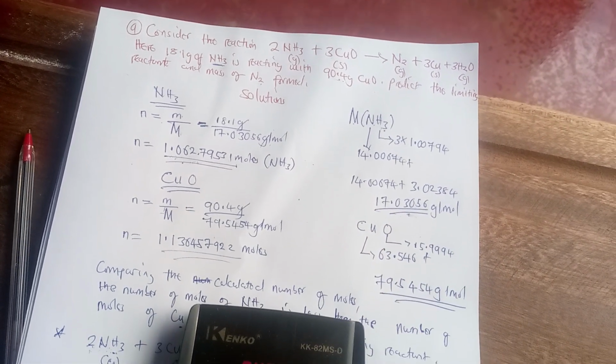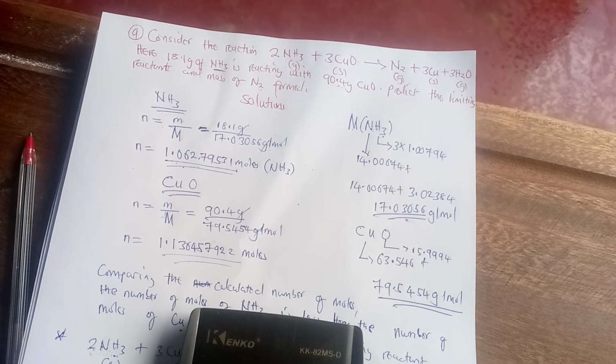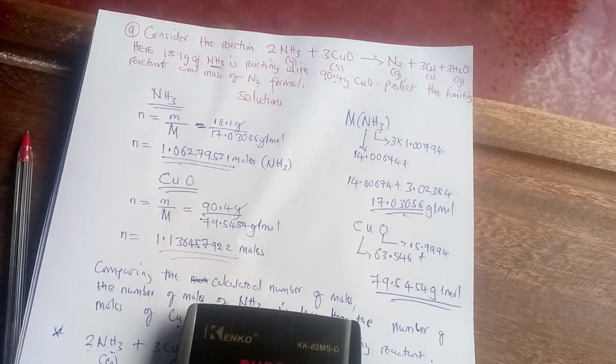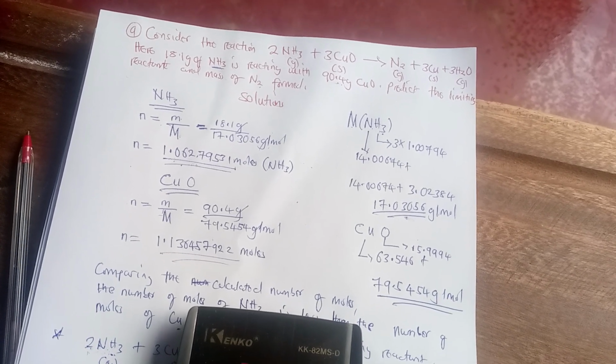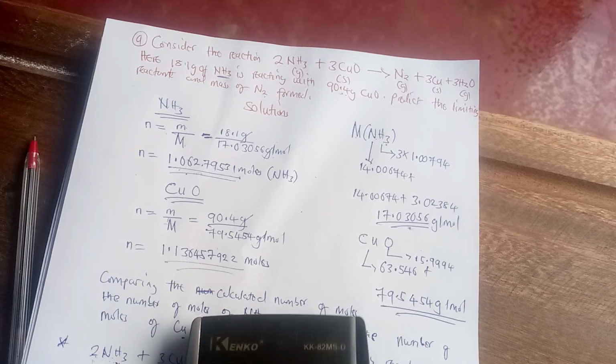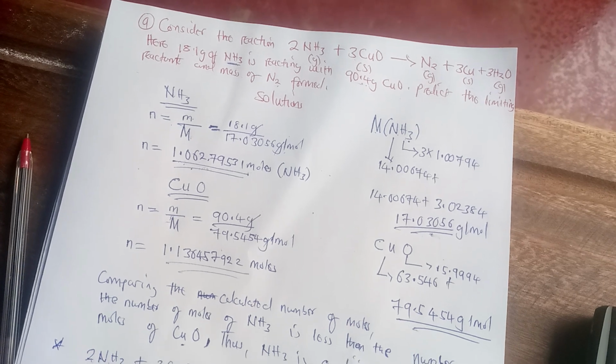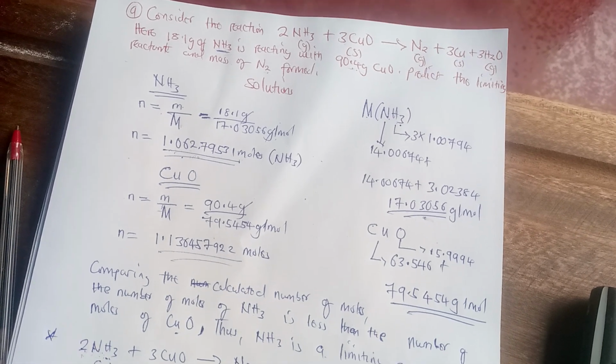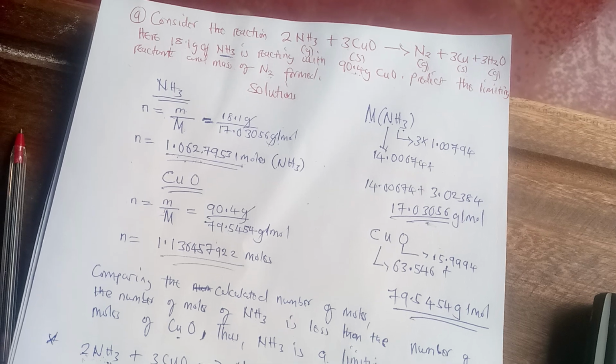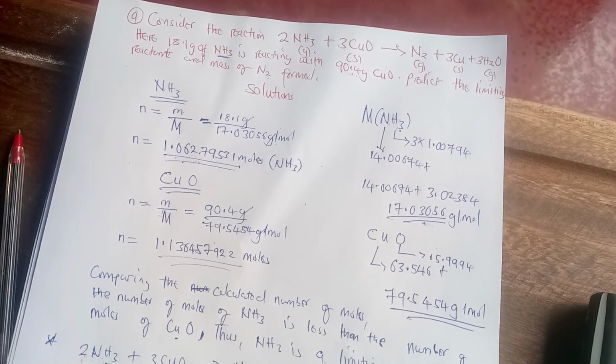So 2 times 17.03056 is giving us 34.06112 grams per mole.